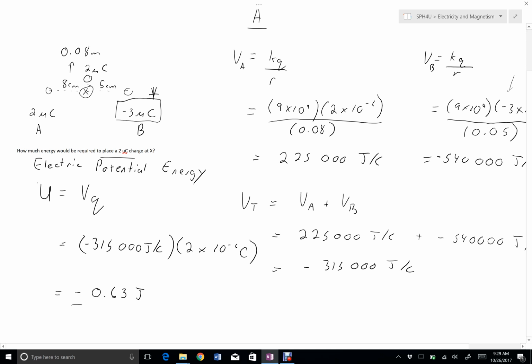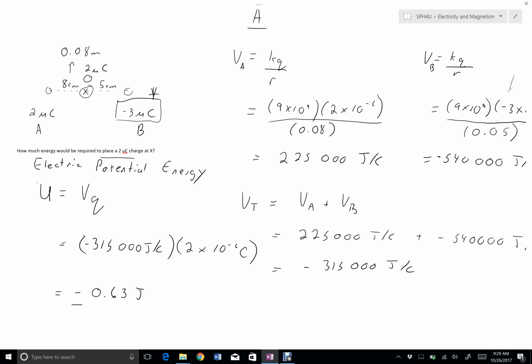Energy was released when this 2 microcoulomb charge was attracted to that location. We can almost think about this like a ball that's rolled into a hole. So as that 2 microcoulomb charge went to that location and produced that negative energy, it's like it fell into a hole where energy then would have been available to other forms, likely kinetic energy, or the motion of these particles.